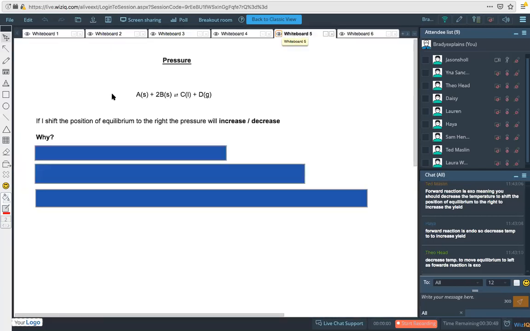So let's try one with pressure. Now, with the type of pressure we're talking about here, it's only moles of gas that matter. Imagine you're in a room and you breathe out. Your breath is going to expand, bounce off the walls, bounce off the ceiling, and it's going to cause pressure. If I hold my phone in my hand, that's solid.